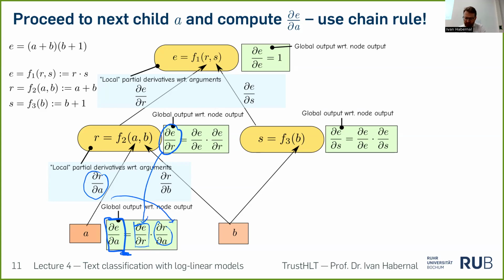What is the partial derivative of E with respect to A? Why is this interesting? Yes?